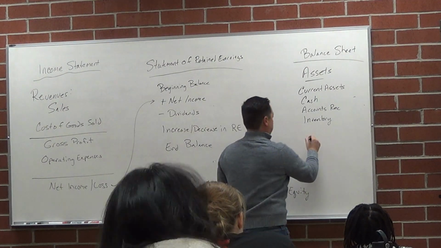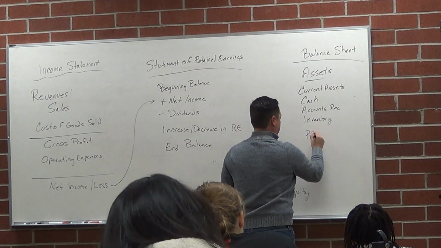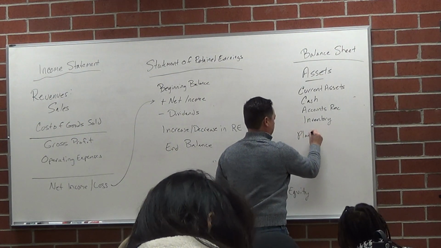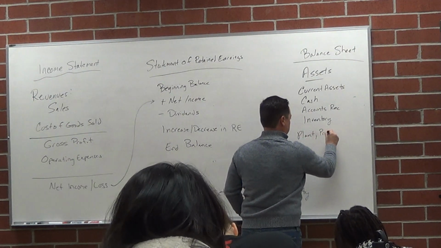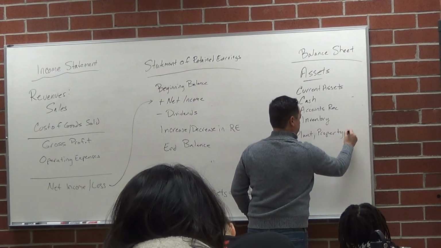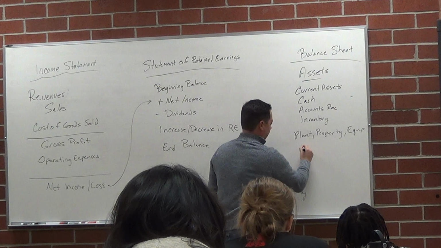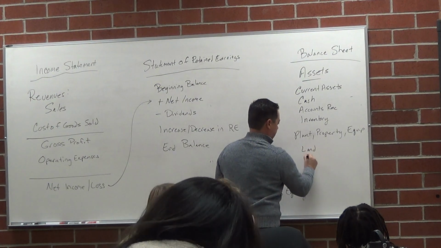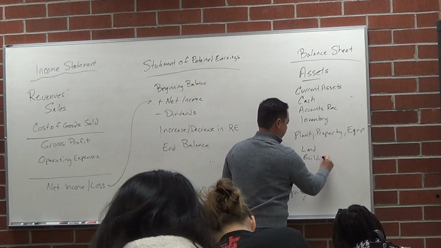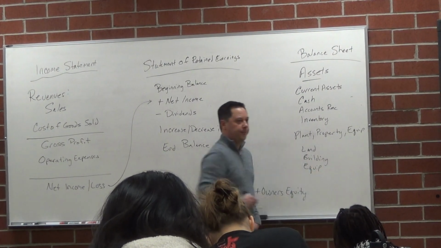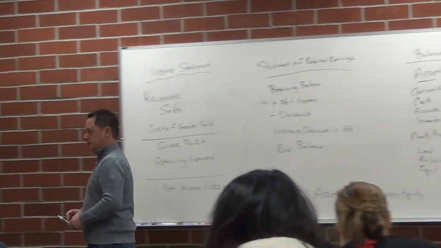And then we have our fixed assets, or PP&E, plant, property, and equipment. And that could be land, building, equipment, those type of things there. Things we're going to keep for longer, for more than a year.